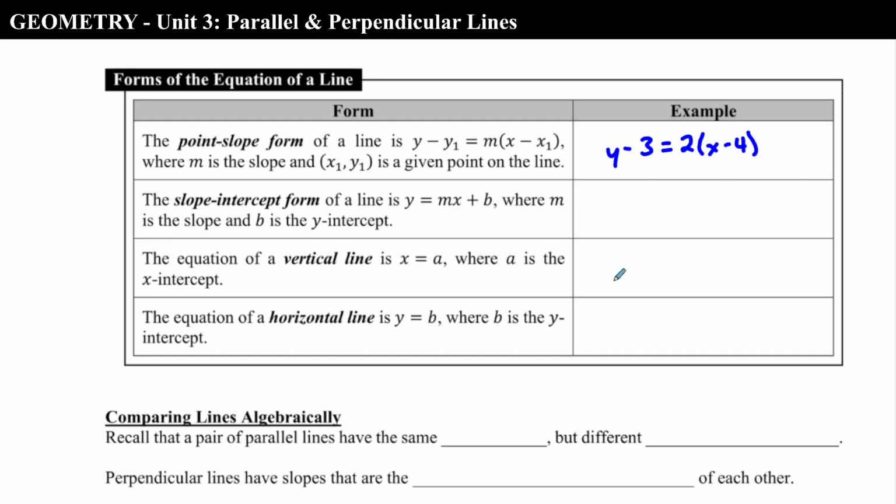We have slope-intercept form, which is going to have y on one side and then something like 3x plus 6. In the equation of a vertical line, it's going to be x equal to some value. So let's say x equals 5. And for a horizontal line, y equals some value, which would be something like 2. In a horizontal line, the slope is 0. In a vertical line, the slope is undefined.